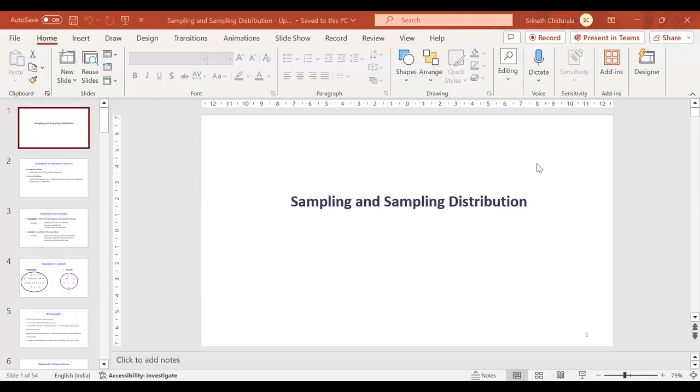The first thing you have to mention is that collecting that kind of data could be impossible, or difficult, time consuming, and of high cost. For that reason, we go with sampling, where we just take a subset of that population, which represents the entire population, and we do the analysis on that sample so that we can infer about the population.